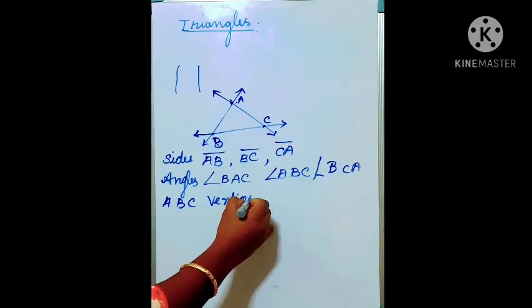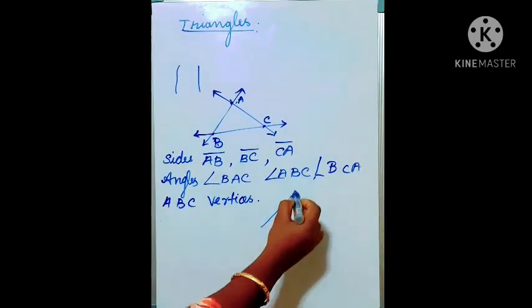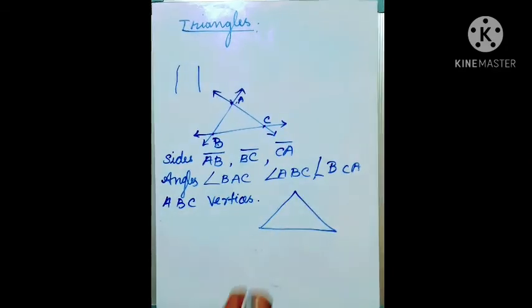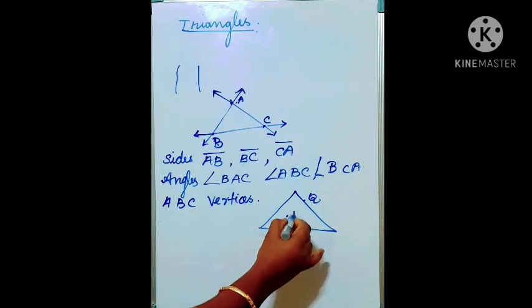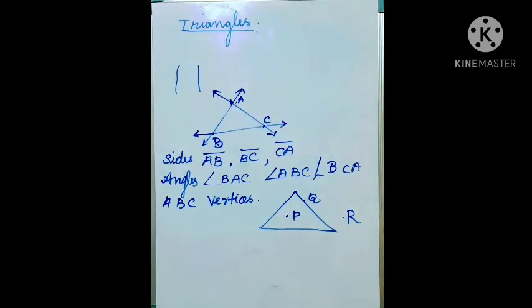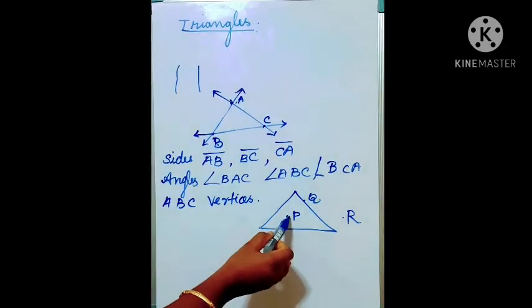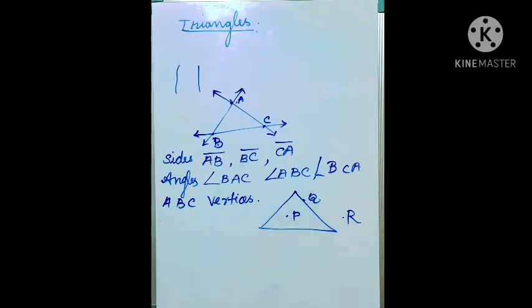Okay. Now we consider a triangle. Consider this triangle. Here a point Q, here the point P, here the point R. So P is interior, R is exterior, and this Q is on the triangle.